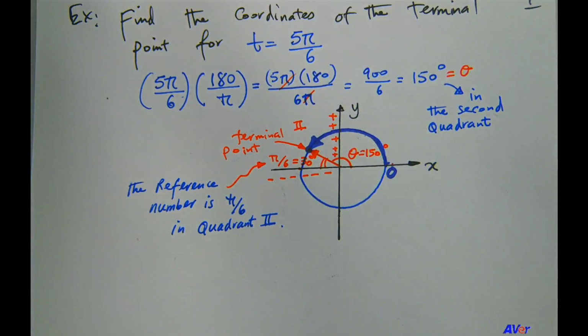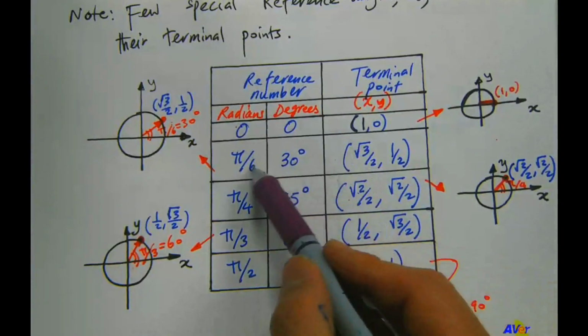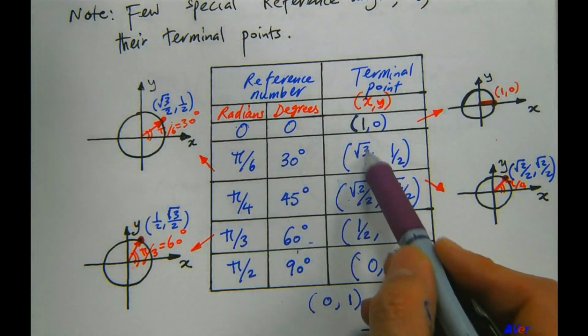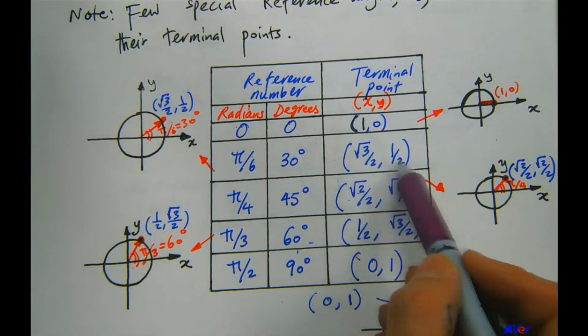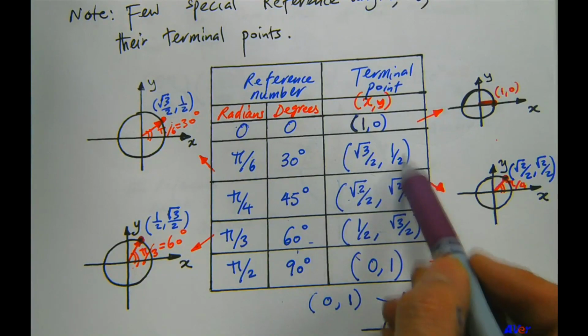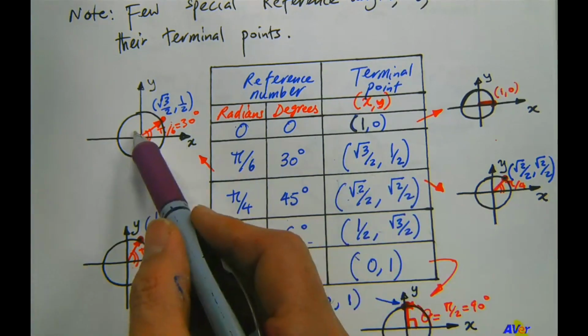Okay, so we learned, and this is why it helps if we memorize these, that for pi over 6, 30 degrees, these are the coordinates of the terminal point: square root of 3 over 2, comma, 1 over 2, right? But we're in the second quadrant.